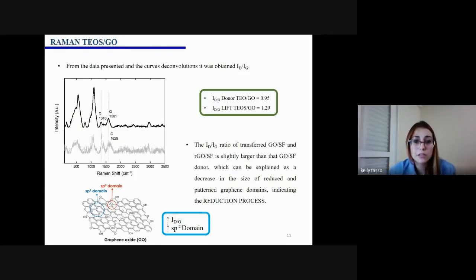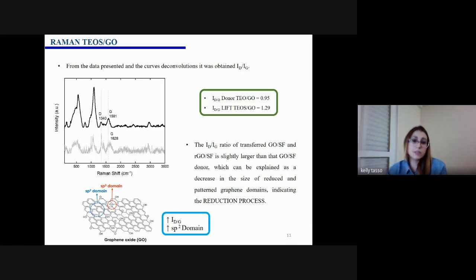To analyze the nature of the transferred material, if there were any structural changes, we performed Raman spectroscopy both on the donor material and the transferred material to be able to compare.